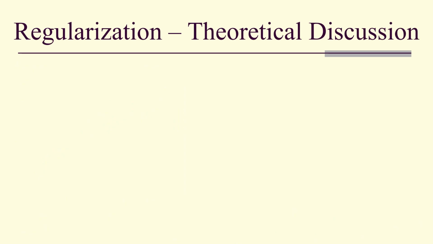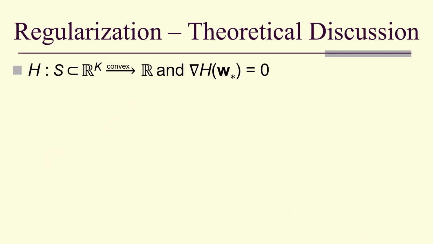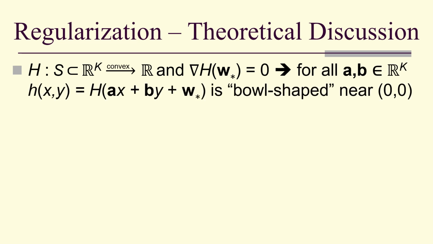So let me look at this more theoretically. We have a function that's convex mapping R^k to R, and its derivative at some w star is 0, which means that for all a and b in R^k, we can define a function h of x, y, which is just a function of x and y, that's h of ax plus by plus w star, and it has to be bowl-shaped.